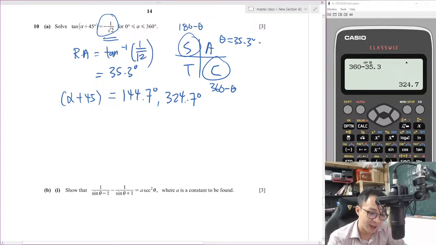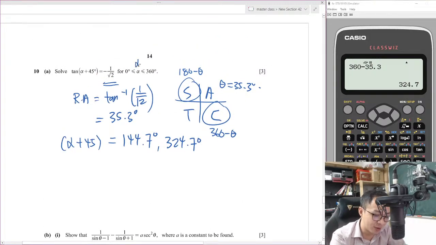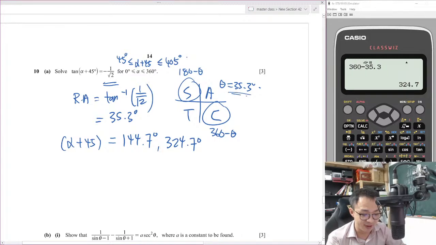So it's 324.7. Even though this is theta plus 45, supposedly before we start we need to find out the range for theta plus 45, which is plus 45 on both sides. So you need to find an angle from 45 to 405. In the first quadrant, 35.3 is less than 45, so I can just ignore it.